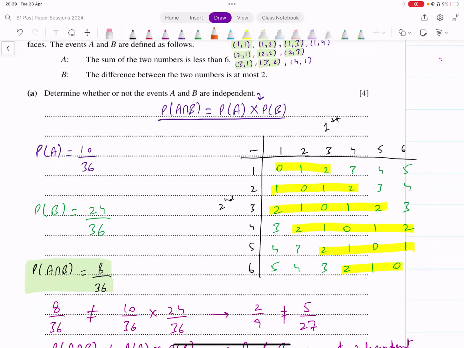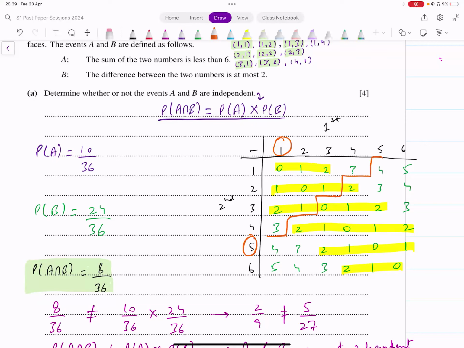3, 3. So as soon as we go beyond this point, when you have 1 here and 5 here, so basically this point, and then 2 and 3, that's here, and then 3 and 2, that's here, and then 4 and 2, that's here.